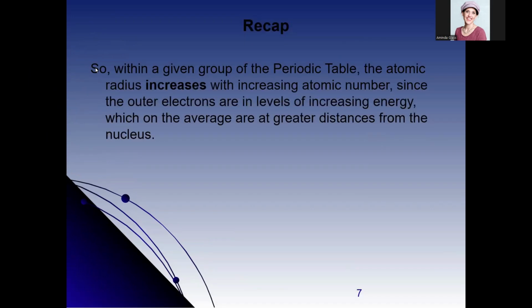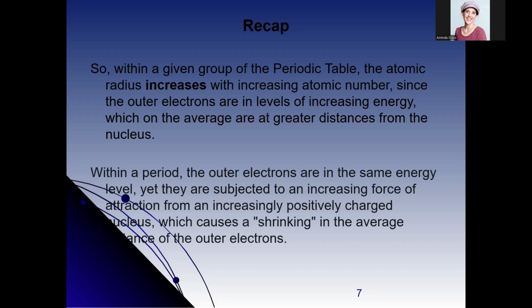So let's do a recap of all the trends. So within a given group of the periodic table, atomic radius increases with increasing atomic number. And that's because the outer electrons are in levels of increasing energy. As you add more energy levels, you're going to have greater distances from the nucleus.